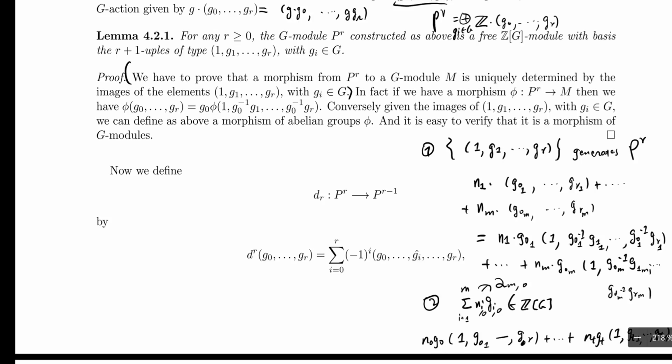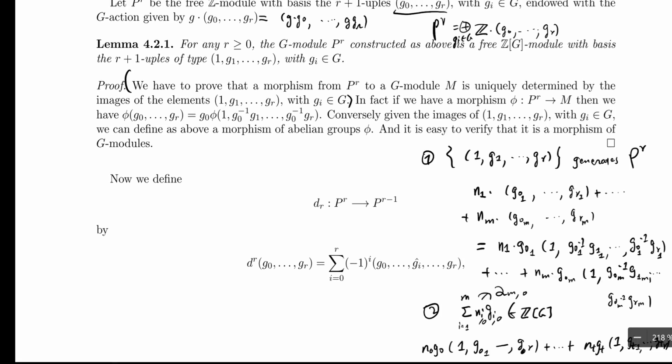Now we define the differential from this P_R to P_{R-1}. This is our candidate to be a projective resolution. It's a free ZG module, so in the category of ZG modules, it is a candidate for the projective modules.